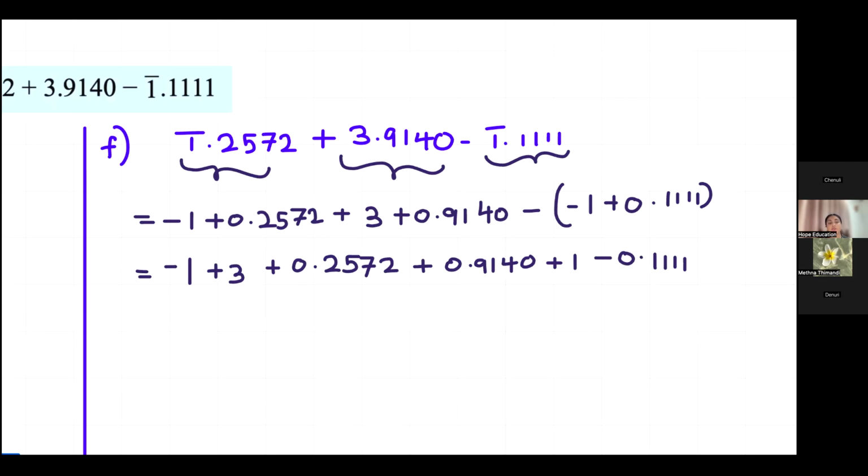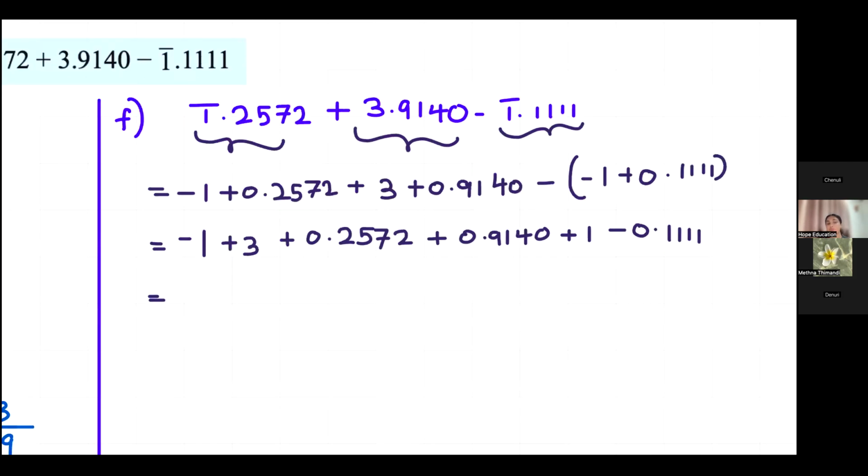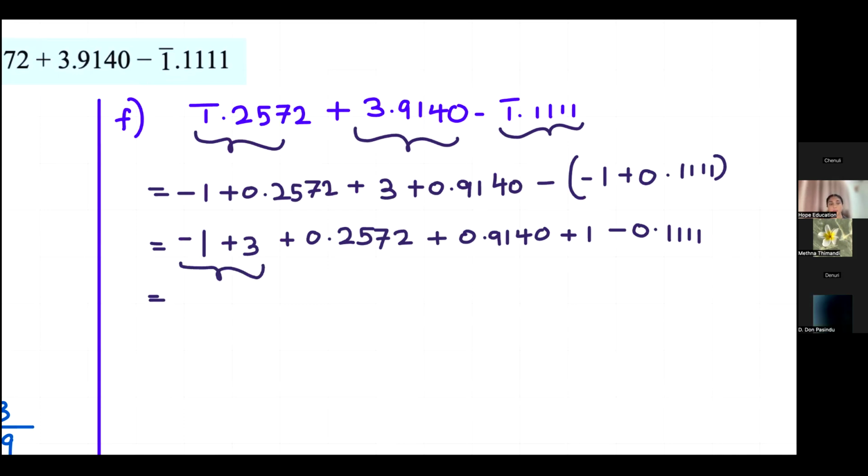Now, -1 plus 3 is +2, right? When you simplify the characteristics here, -1 plus 3 is +2. There's a characteristic here too. I will bring it to the front, +1. This characteristic here.